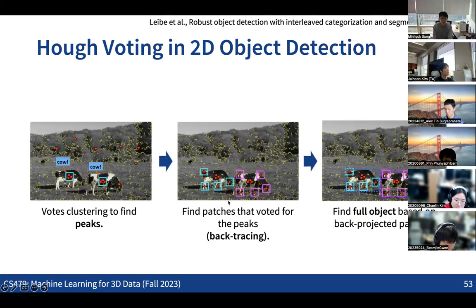We can see which votes are coming from which patches. In this way, from the peak point, we can go to the votes and also the local patches and see which local patches are associated with the peak. By taking the set of local patches that contributed to each peak, we can also define the 2D bounding boxes. It's the box that includes all the votes, all the local patches. So that's the idea of back tracing. Clear?